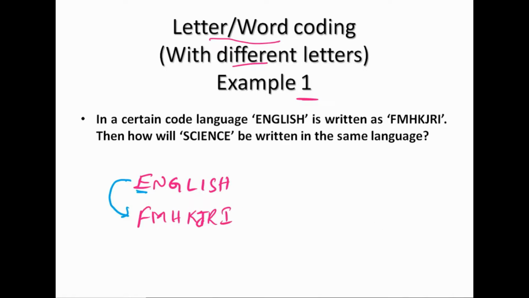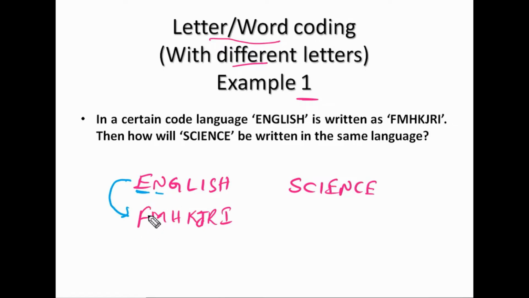Here the question word is science. So what is the answer word? If it is a different letter method, it is better to identify the nearest letters. What is the nearest letter of E? F, it is the next letter only.